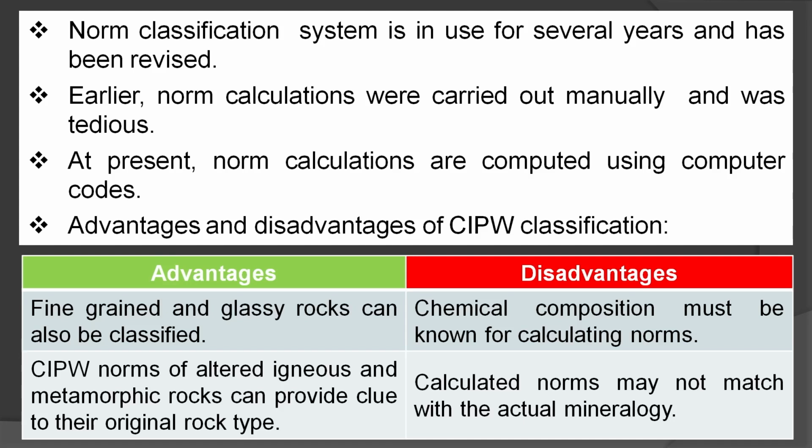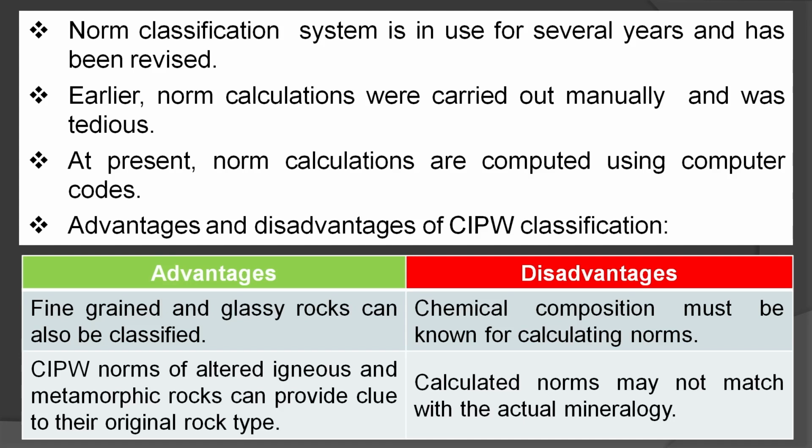The advantage is that this can be applied to fine-grained and glassy rocks, and those rocks can also be classified using norm. CIPW norm calculations can also be done for altered igneous and metamorphic rocks, and they can provide us a clue about their original rock type.